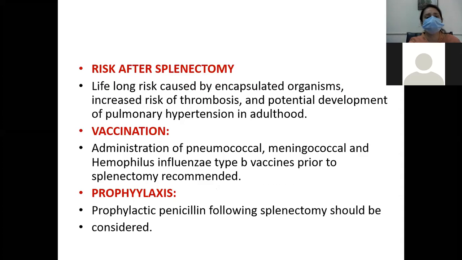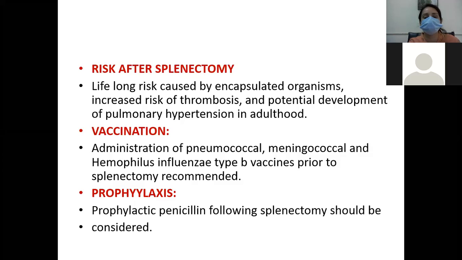Okay, next is what are the risks after splenectomy? If we do the splenectomy in these patients, what can be the risk? Lifelong risk caused by encapsulated organisms is increased and there is increased risk of thrombosis and potential development of pulmonary hypertension in adulthood. So vaccination is also important in these patients.